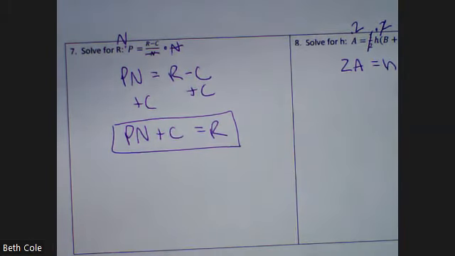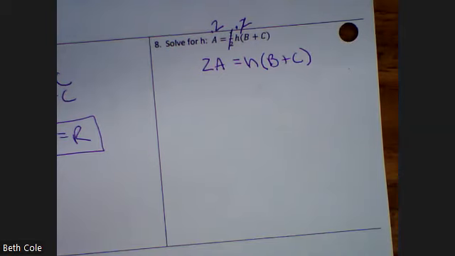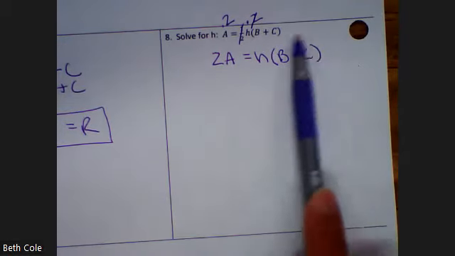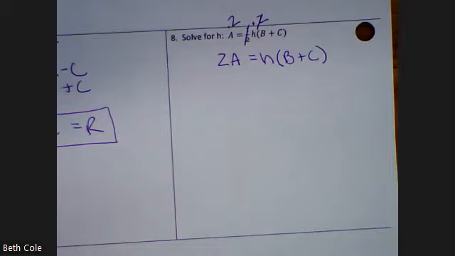This one's really tricky. If you distributed, here's what's going to be the problem. If you distribute, you're going to end up with an H in both of those terms. Do you get what I'm saying? So leave H where it is. H is being multiplied by B plus C, and we want H alone. So how do you undo multiplying?